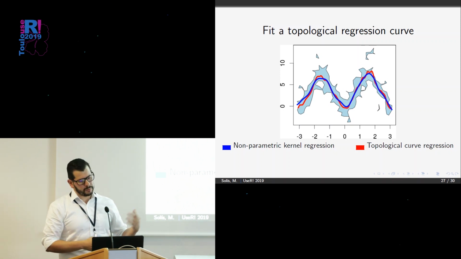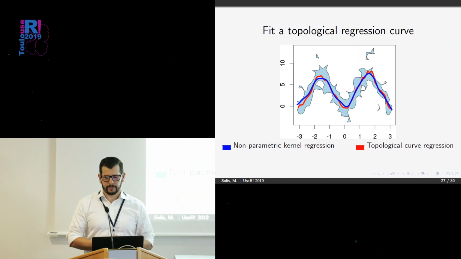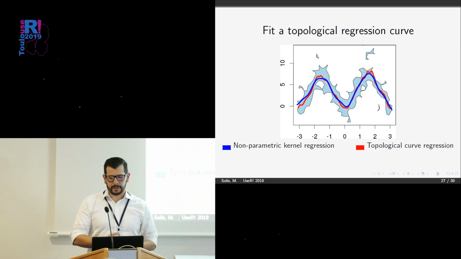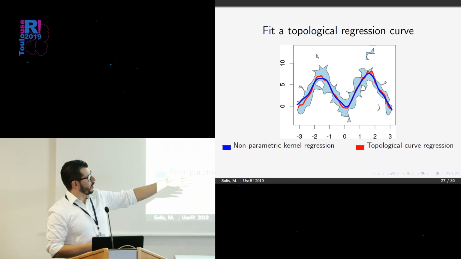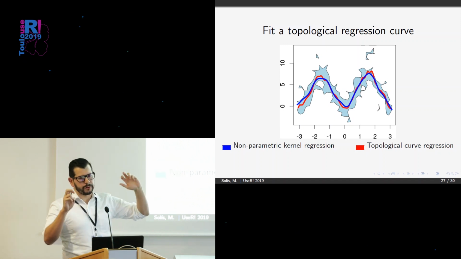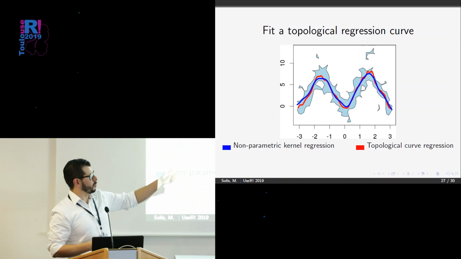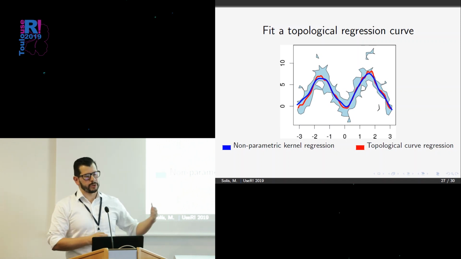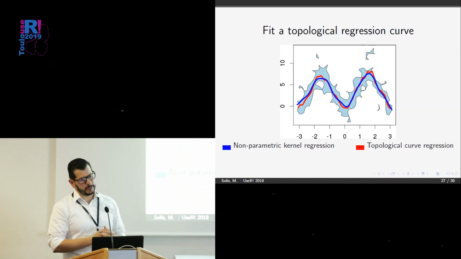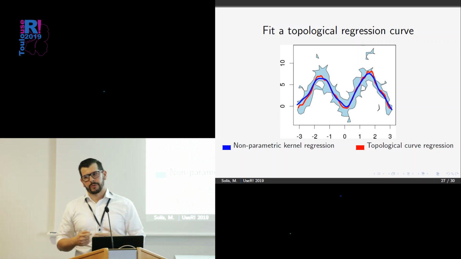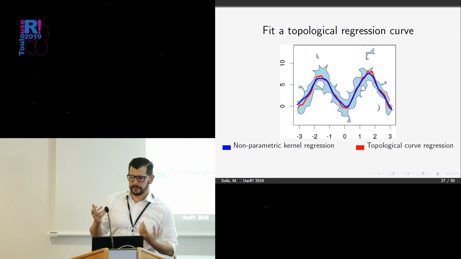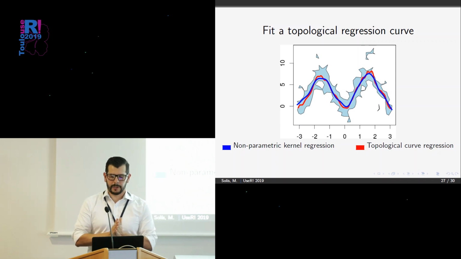This is an example that I did recently. With our data, I create a regression curve using a topological procedure with this method, and I compare it with a classic nonparametric regression curve.